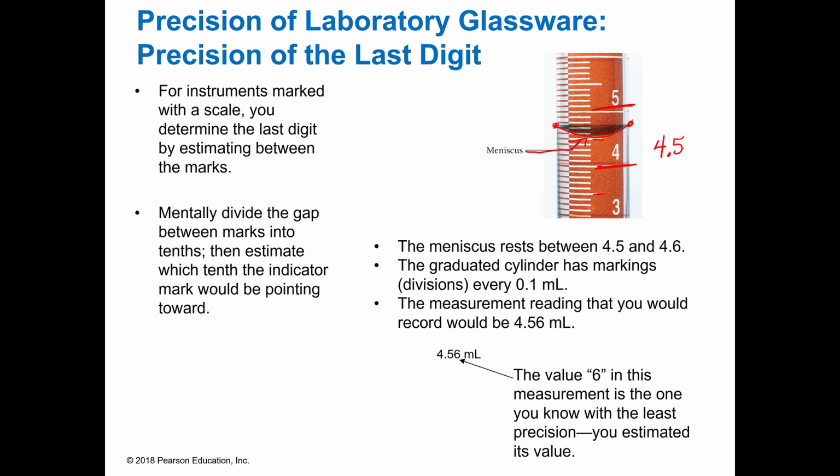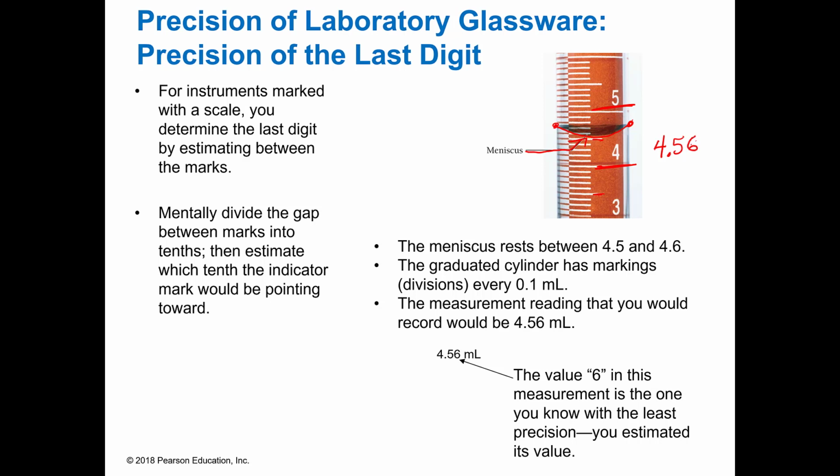Now this last one, this is where the uncertainty comes from. I have to make a judgment call as to where I think that is, okay? It just depends on how you look at it, because I know it's between 4.5 and 4.6, but I don't have a line, okay? It depends on what your eyes say.